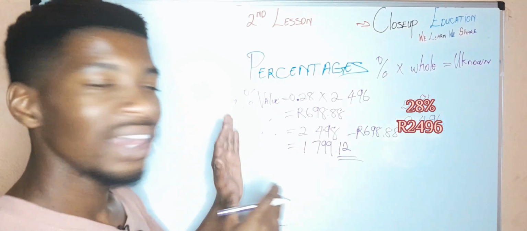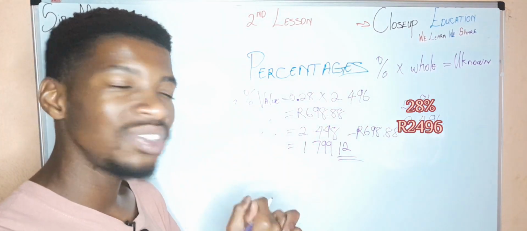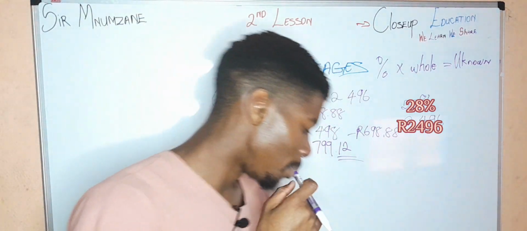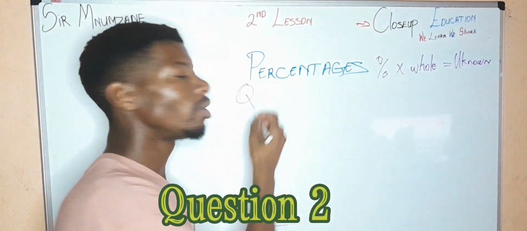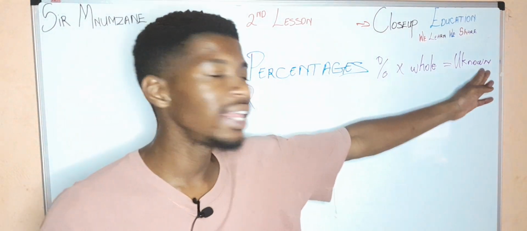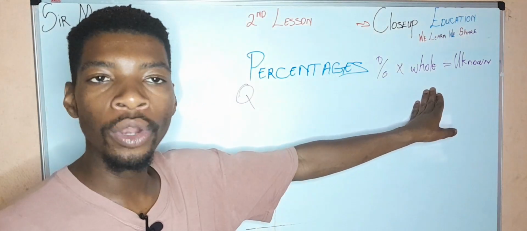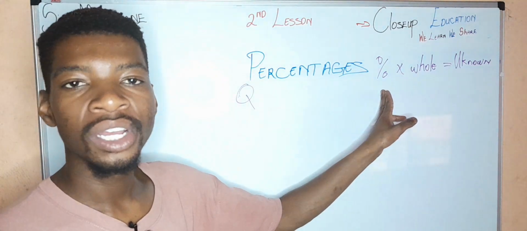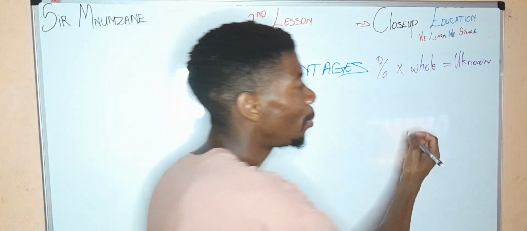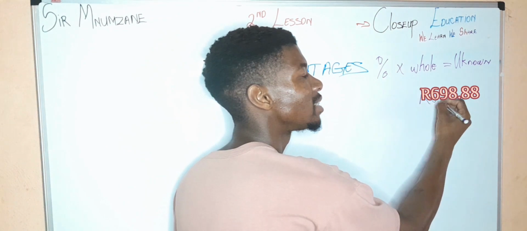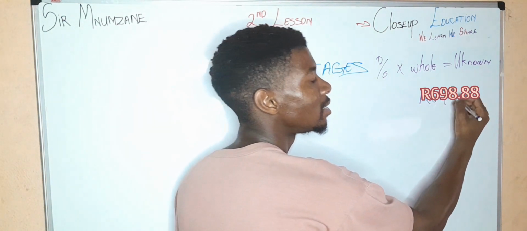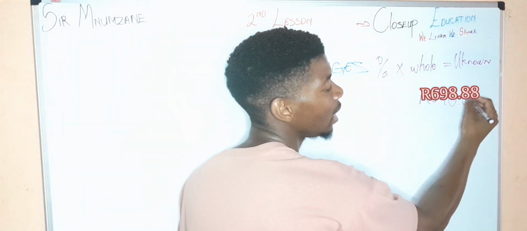Let's wipe this off and write a more difficult one. Question 2. Now you are given the unknown, you are given the whole number, and they want the percentage. Our unknown was 6,906.88.